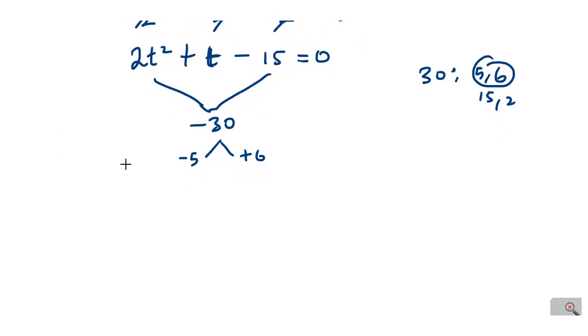So if we now bring it in here, we have 2t squared minus 5t plus 6t minus 15 is equal to 0. So let's decompose this.